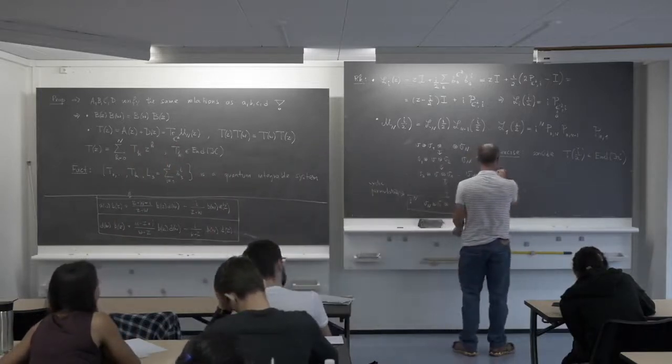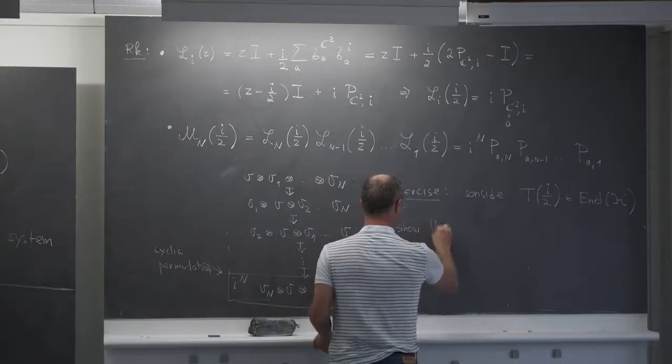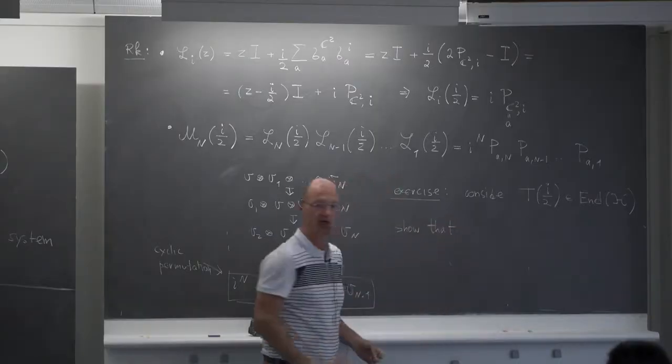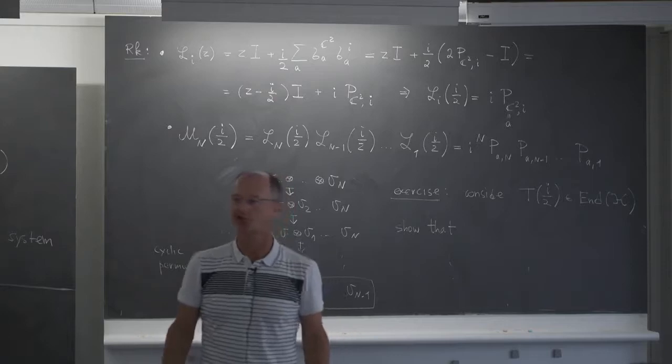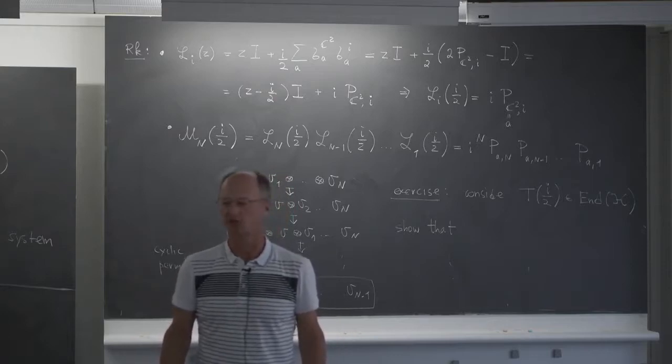So the result is simple and surprising. Actually, the trace of a cyclic permutation is again a cyclic permutation.